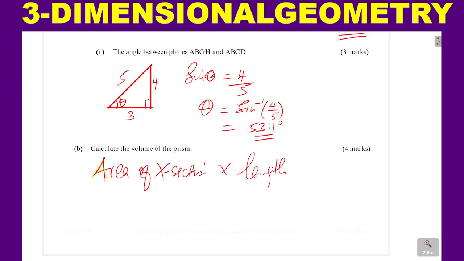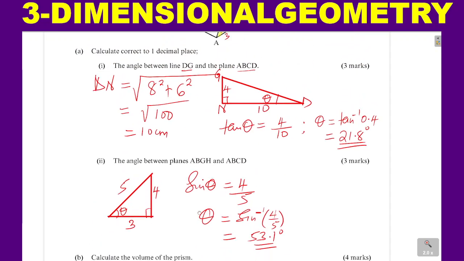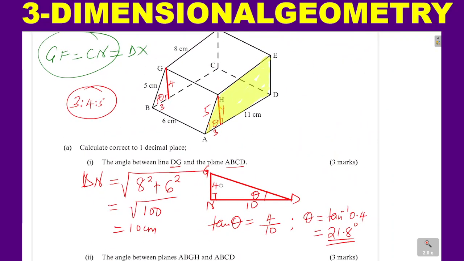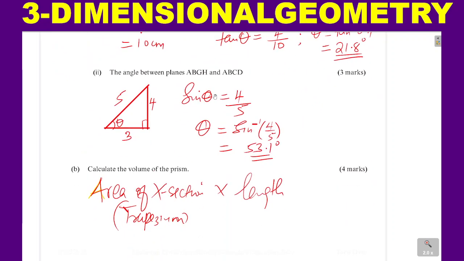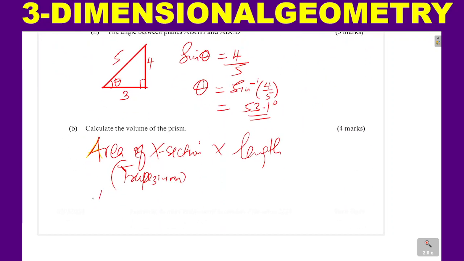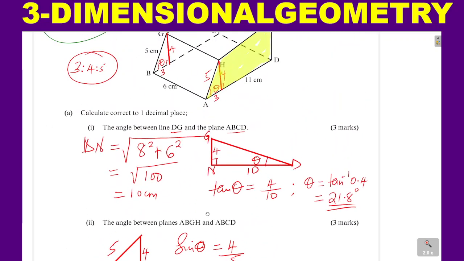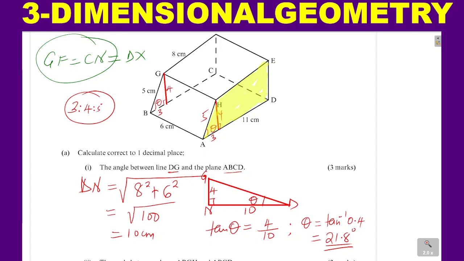The cross section is a trapezium, and you know how to get its area. We get half times the sum of the two parallel sides, which are 11 and 8, and then the height is 4.